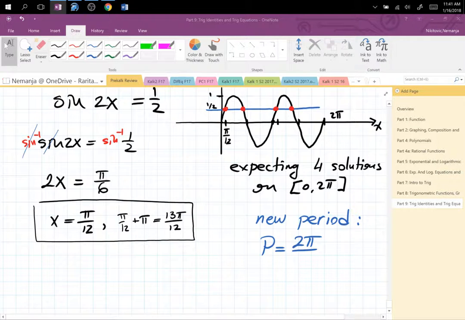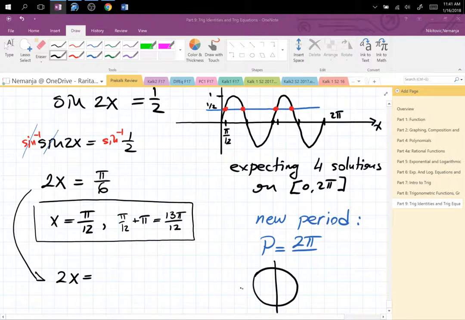So now, to find the other solution, we go back to the 2x case, and in the unit circle, we know that the positive sine is on the other side, right here.